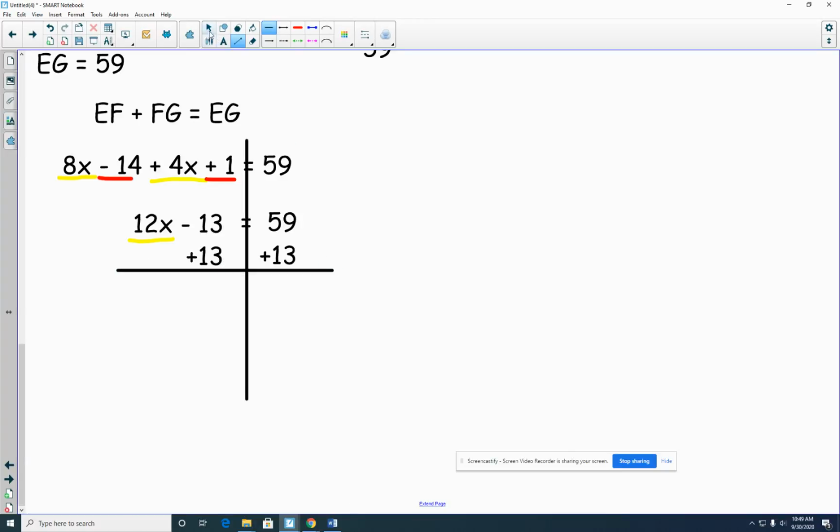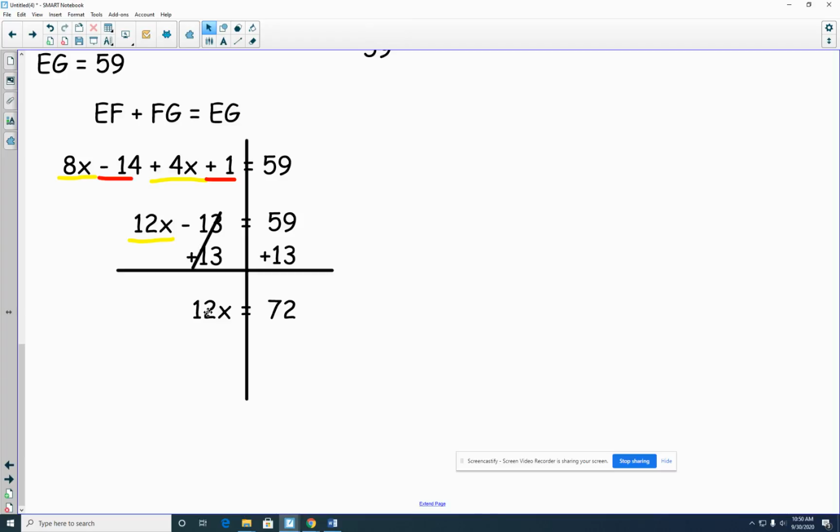Okay, so now I draw my line. Now I evaluate. Right, I'm not doing anything with the 12x, so I'm going to just bring it on down. Negative 13 plus 13 gives me 0, so I don't have to worry about these anymore. And now 59 plus 13 gives me 72. Okay, now is x by itself?